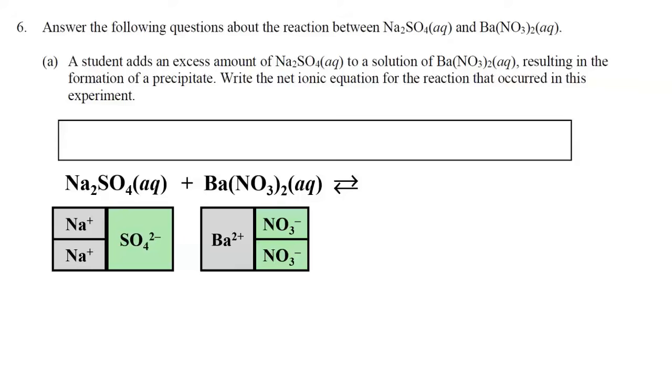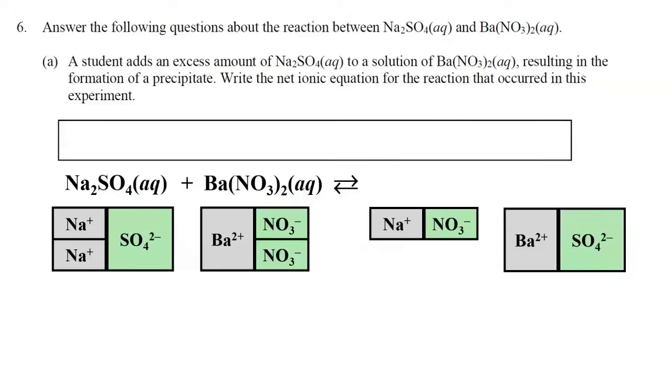Now, for this reaction, sodium has a new partner on the other side of the equation, which is nitrate. That would be NaNO3. And then barium has a new partner on the other side of the equation, which is barium sulfate, BaSO4.